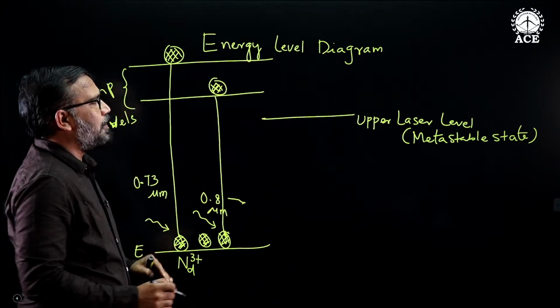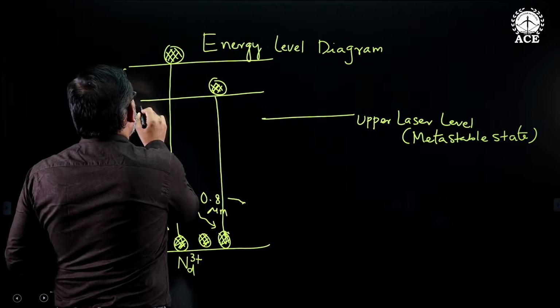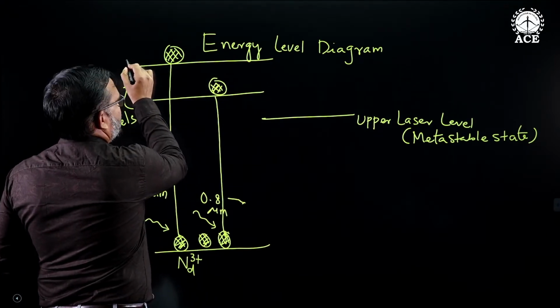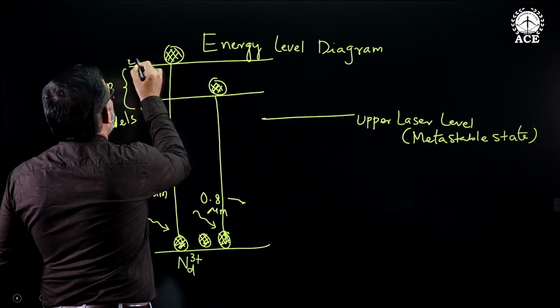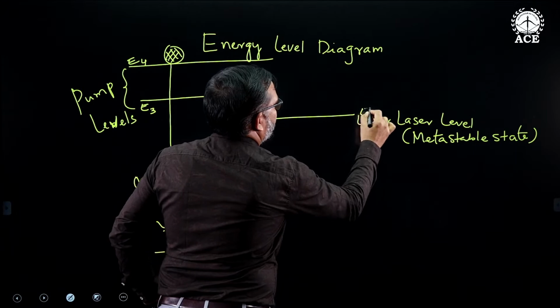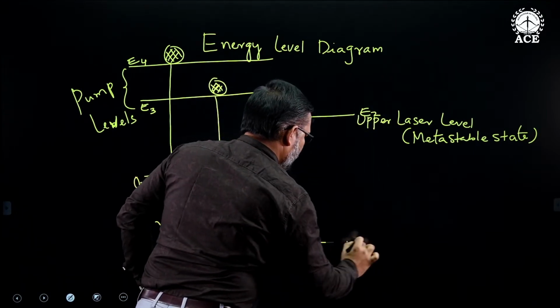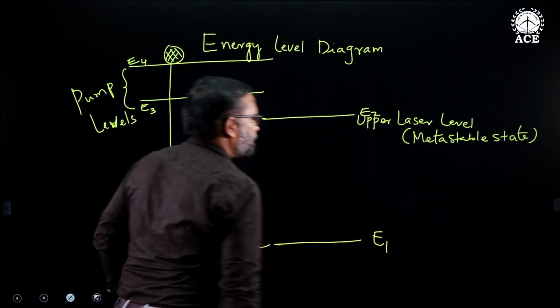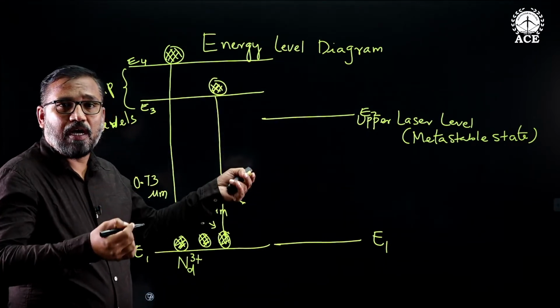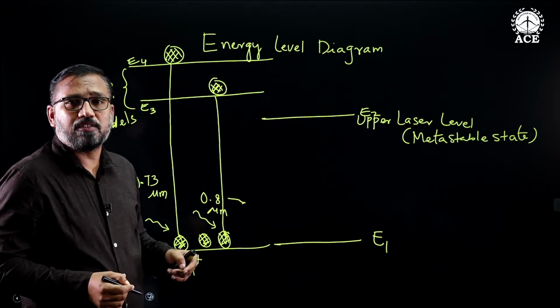So first, this is the ground state, E1. These are the pump levels, E4 and E3, next E2, and next E1. Once the neodymium ions are excited to the higher energy level, they won't stay for longer.